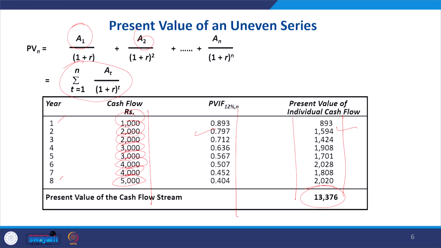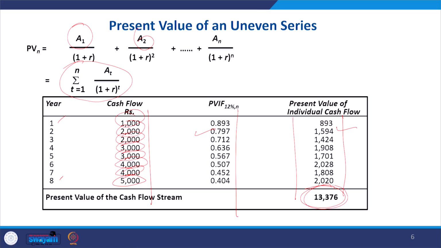So this is going to be 24,000 rupees, whereas the discounted value of that over the number of years, for the given weighted average cost of capital, is 13,376. So it is approximately half of this absolute value.